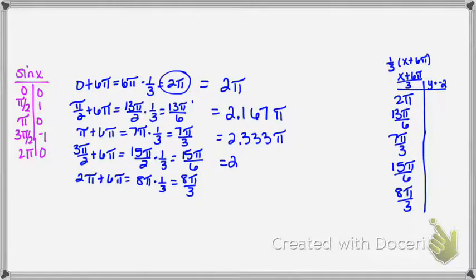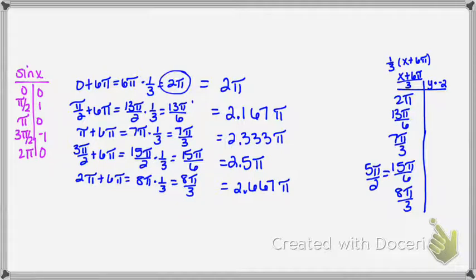That could have reduced actually. 2.5 pi. So we could have said that was 5 pi over 2. I didn't catch that one. And then we got 8 divided by 3, which is 2.667 pi. Alright, and so we can see that they're increasing, and they are increasing by the same. They're each increasing by approximately 0.167. Okay, so we're good on that.